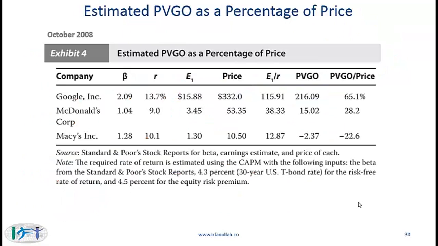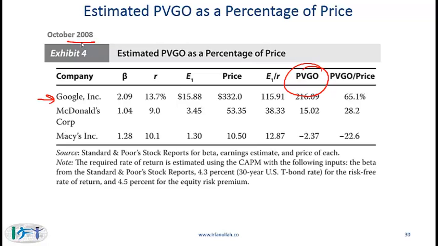All right, now let's just look at some companies and look at what component of the price is given by PVGO. These numbers are from October 2008. If you look at a company like Google in 2008, would you expect PVGO to be a high percentage of Google stock price? You would, and that is exactly what we see here.